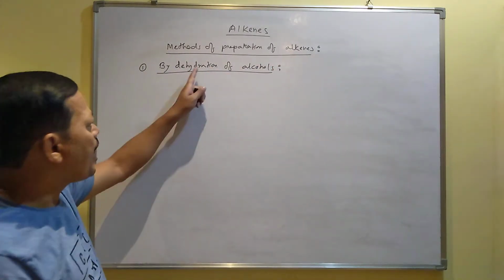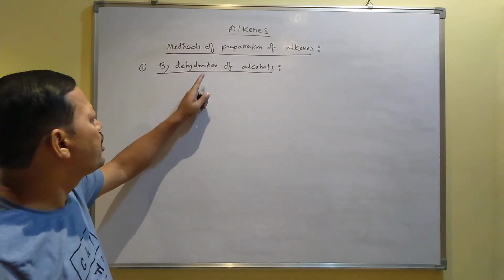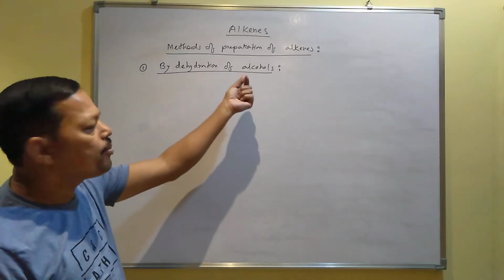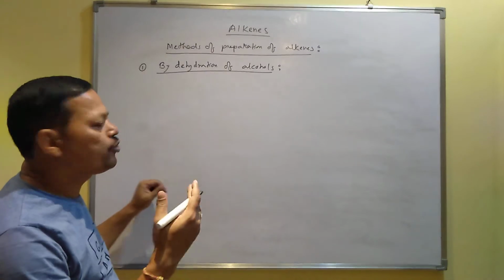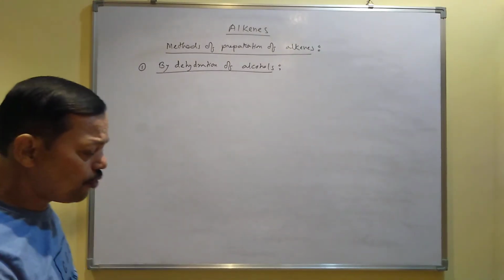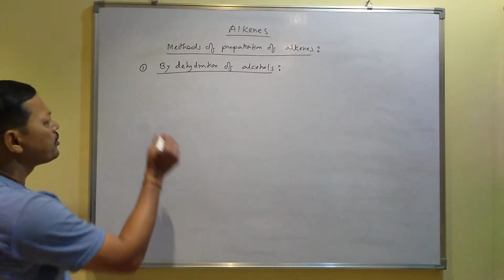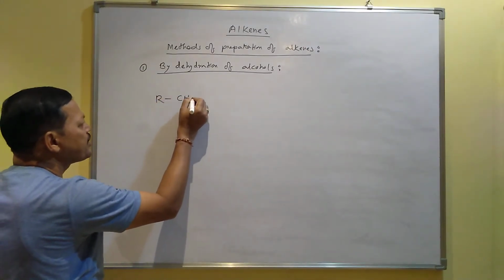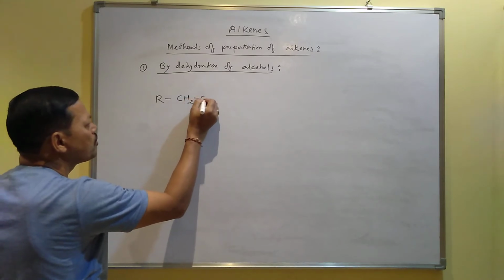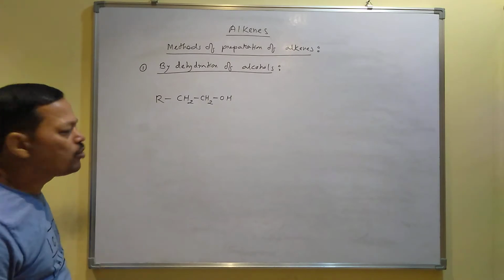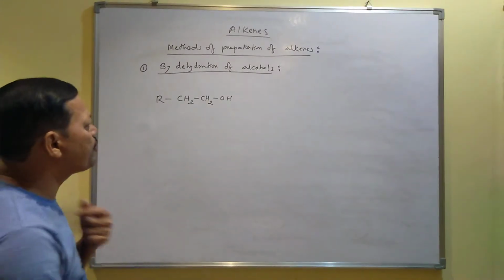Actually hydration means addition of water, and dehydration means removal of water. So dehydration of alcohol means from alcohol you have to remove a water molecule, then the alkene will be produced. For example, suppose this is one of the alcohols, RCH2CH2OH. You know the organic compounds which contain the OH functional group are called alcohols.